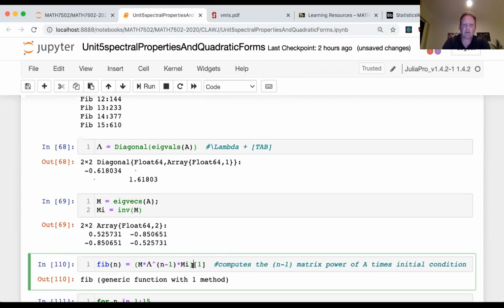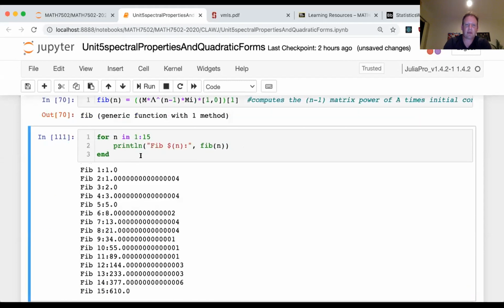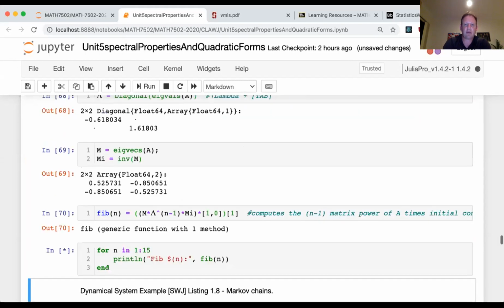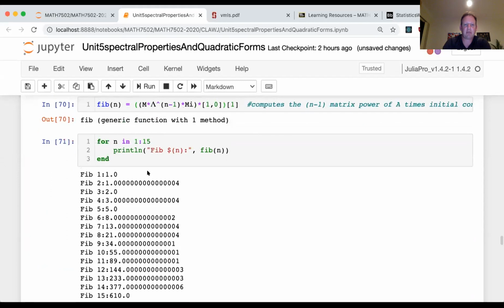We multiply all this times 1, 0, and then take the first coordinate. Then if we run Fibonacci, we get the same thing.